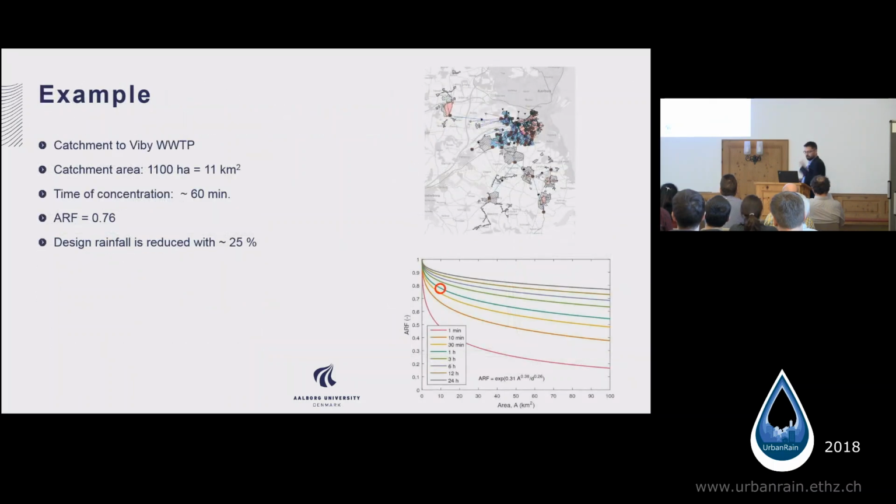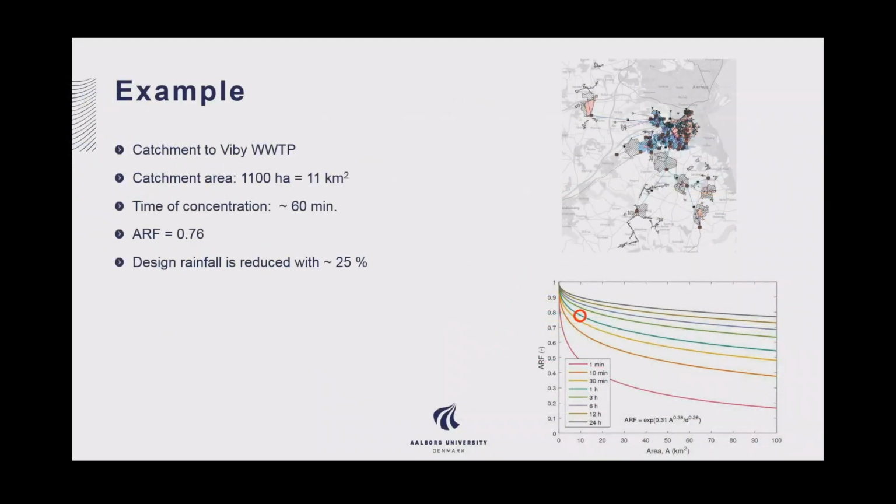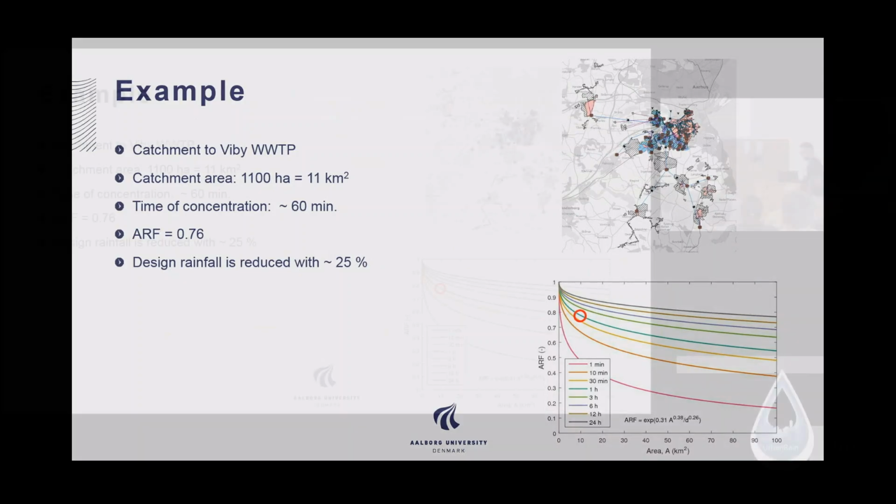An example of application, this is the catchment to a treatment plant in Denmark. We have a catchment area of 1,100 hectares, a concentration time of 60 minutes. So we can see what the areal reduction factor is, and that's 0.76. So that means approximately a 25% reduction of the design rainfall in that point.